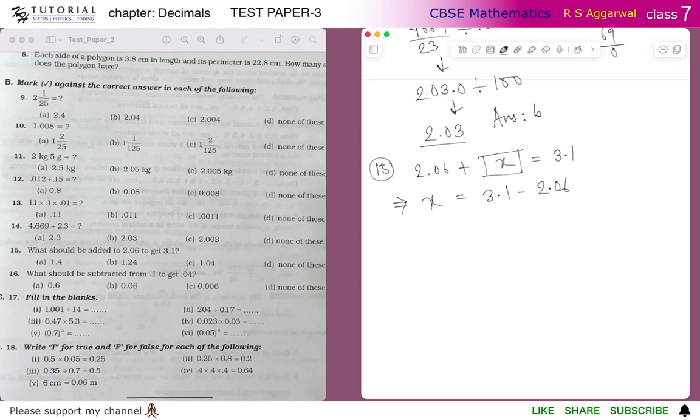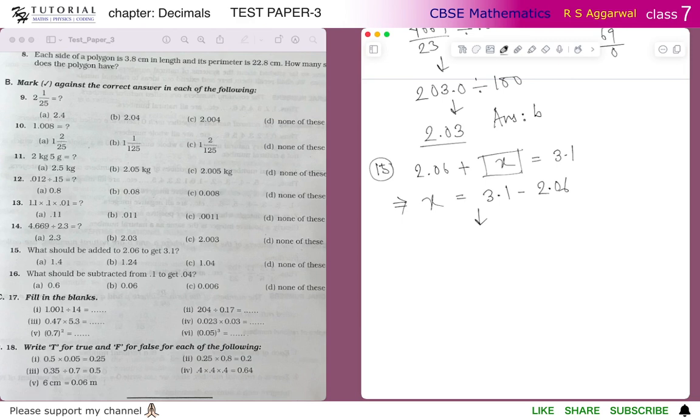So this is a subtraction of two decimals. Now, how do we subtract decimals? We first convert them to like decimals. We have to convert both these decimals to similar like decimals.